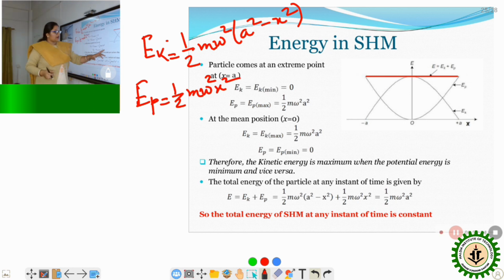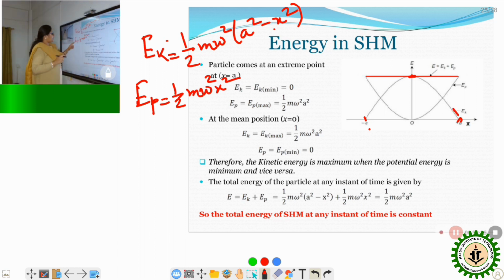Okay, so now you can see when the position is 0, that means at mean position, if you put x value 0, we get Ek equals to half m omega square a square. And when x value is a, if we put x value is a, then we get Ek is 0. And as well as you can see, this kinetic energy is a function of x square. So that means the nature will be like this.